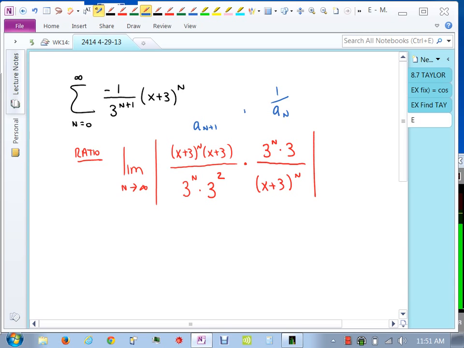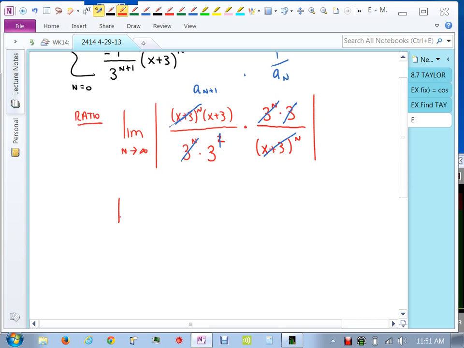So you see that? I really hope you've done enough ratio tests now that you're okay with that. And now you should get cancellation here. The 3 to the n's are gone. Take off the power here, cancel with one of those.